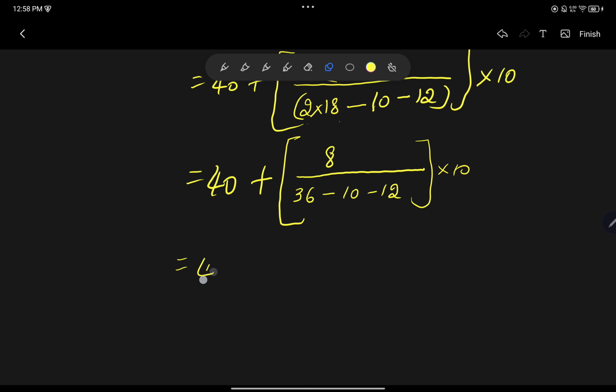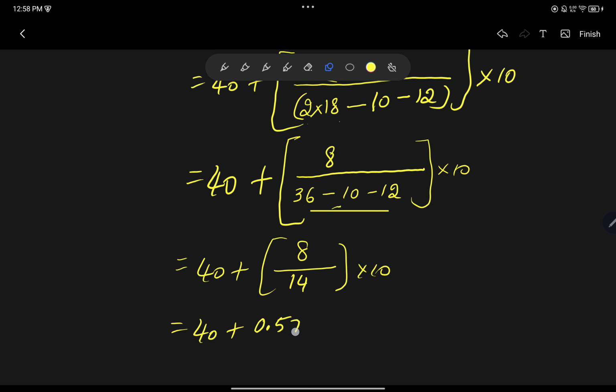Next, 40 plus 8 divided by 36 minus 10 is 26. 26 minus 12, that is 14, into 10. Next, 40 plus 8 divided by 14 is 0.57 into 10.